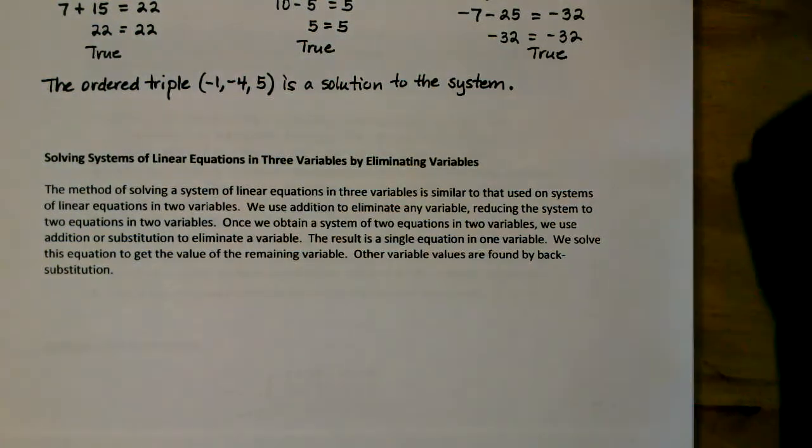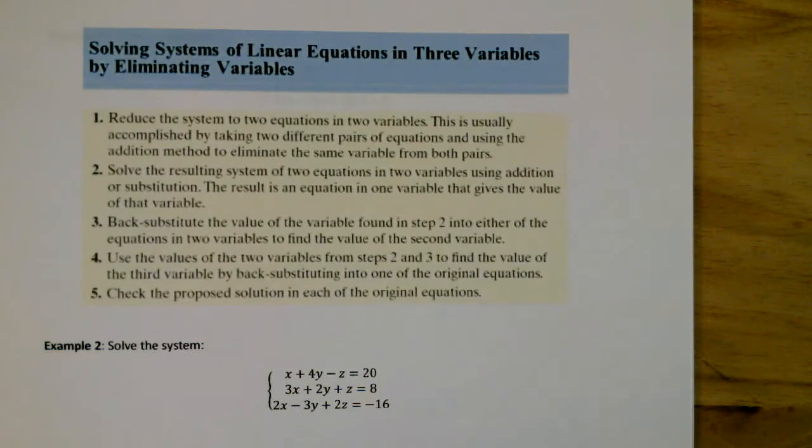So on the next page, as you'll see, is the method of solving a system of linear equations in 3 variables. And we're going to be eliminating variables as a method to solve it. First step is to reduce the system to 2 equations in 2 variables.